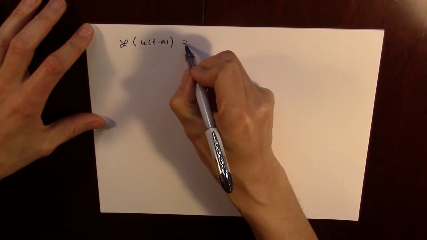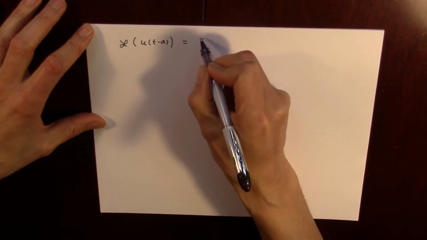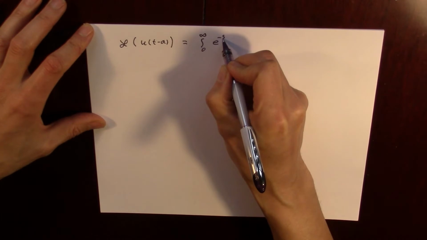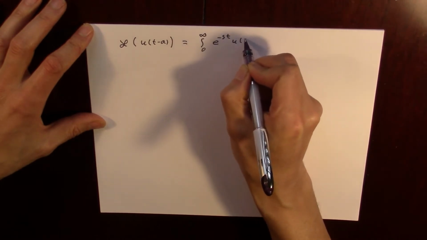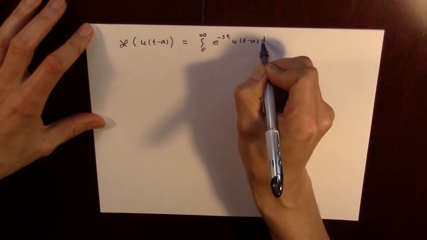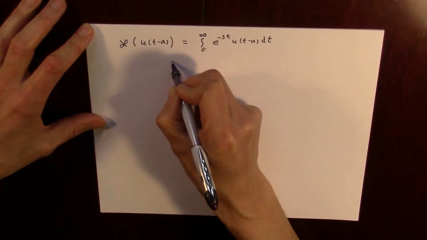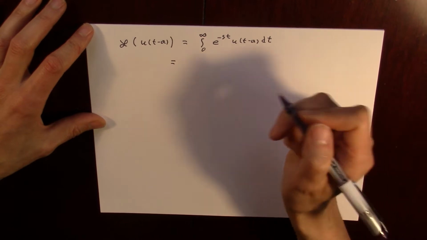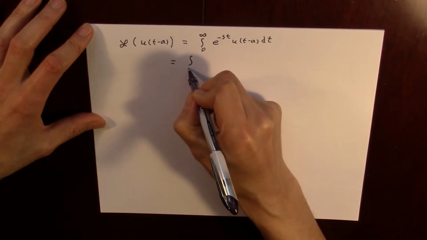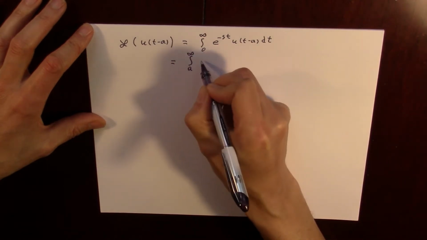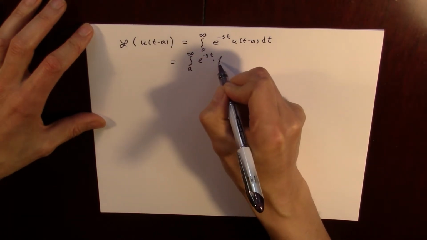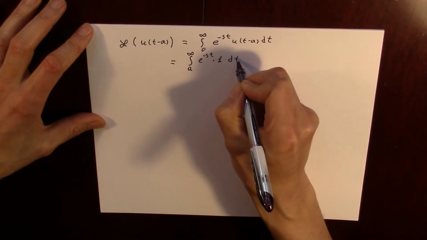By definition of the Laplace transform, that equals the integral from 0 to infinity of e to the negative st times the function dt. Because the function equals 0 before a, we switch to the integral from a to infinity of e to the negative st and multiply it by 1. That's the value of the function when t is bigger than a.